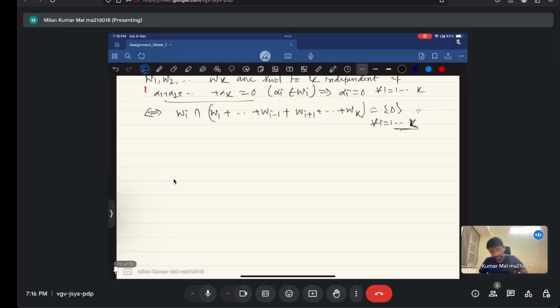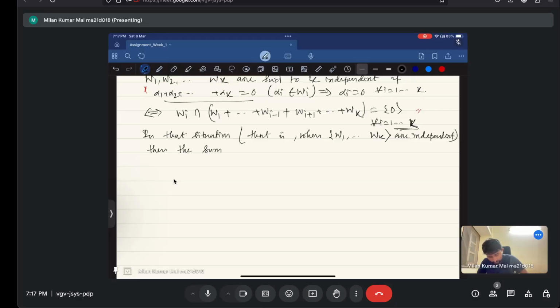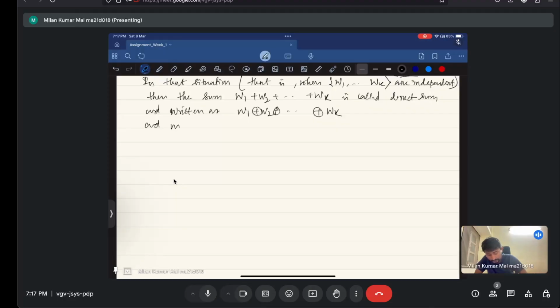Okay, and then in that situation, that is when this set W1 all the way Wk are independent, then the sum W1 plus W2 all the way Wk is called a direct sum and written as such.